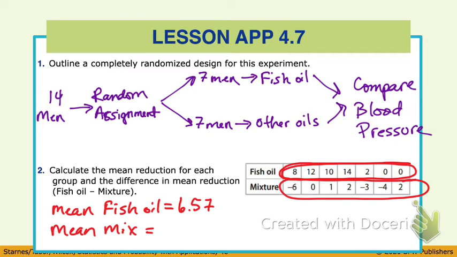So -6, negative matters. -6 plus 1 is -5, plus 2 is -3, plus -3 is -6, plus -4 is -10, plus 2 is -8. Did I do that right?